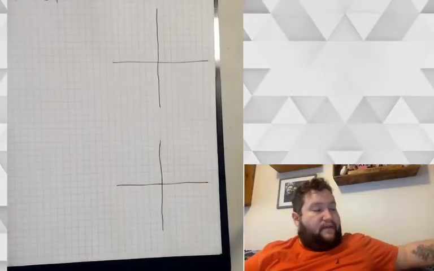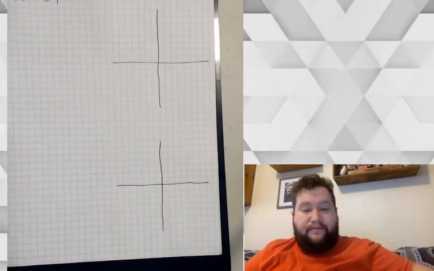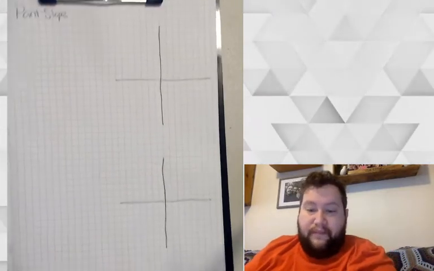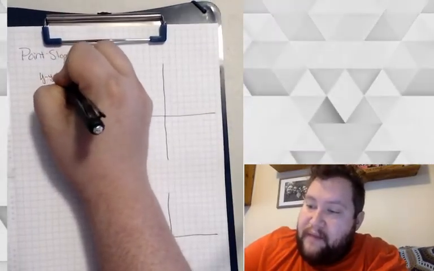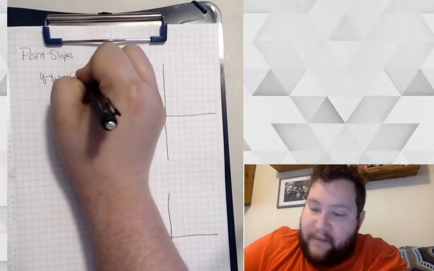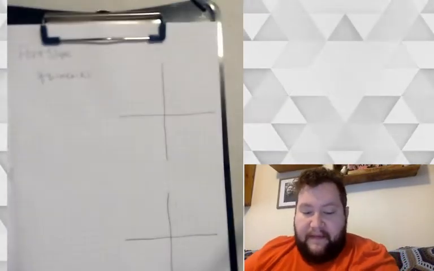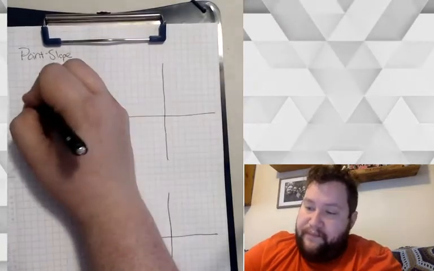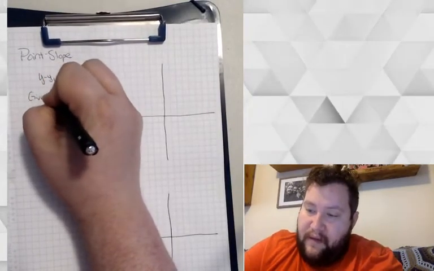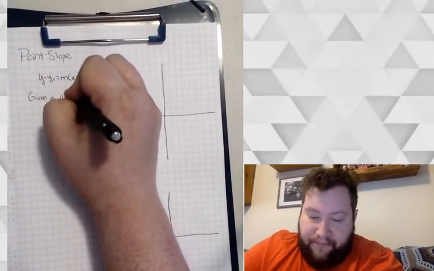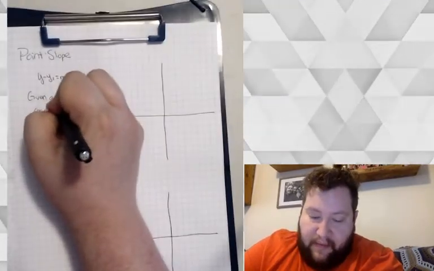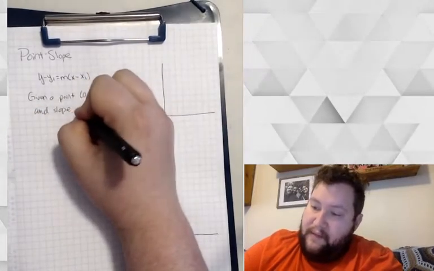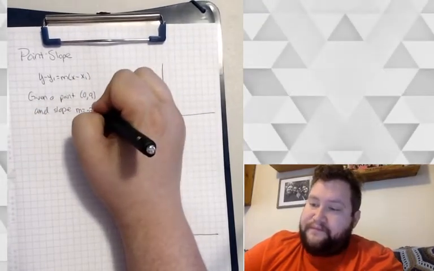So here we have point slope. Point slope, right? That was our y minus y1 equals m times x minus x1. It says, given a point and a slope, a point 0, 9, and slope m equals -2.